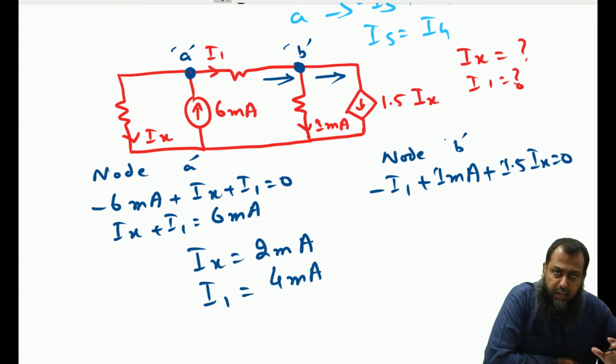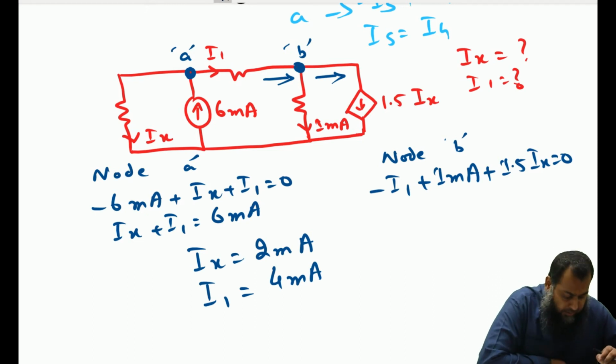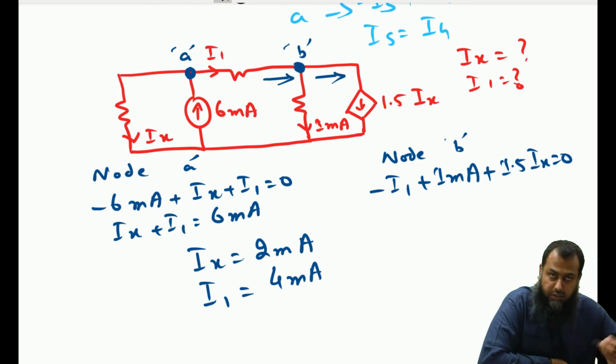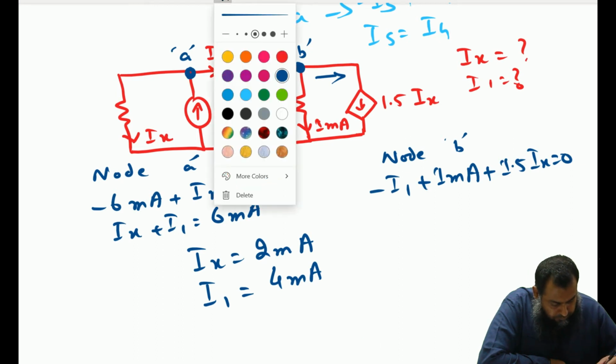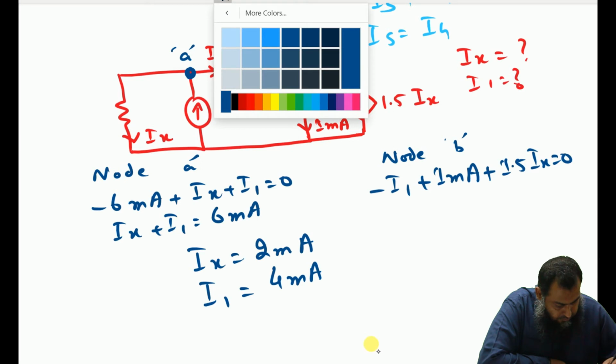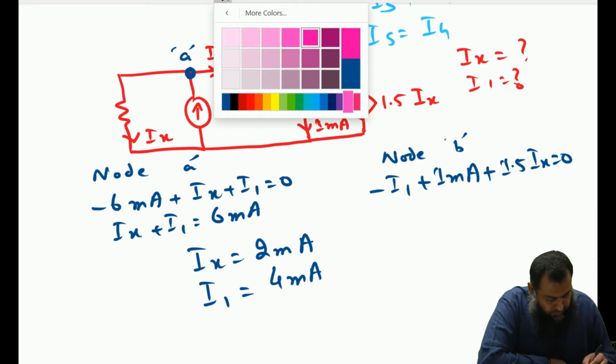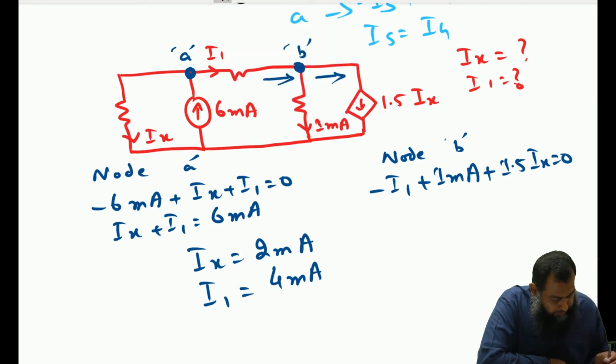Now with this in mind, let us apply it again on our circuit and see if it is okay. If I apply it on this circuit, Ix is equal to 2 milliampere.